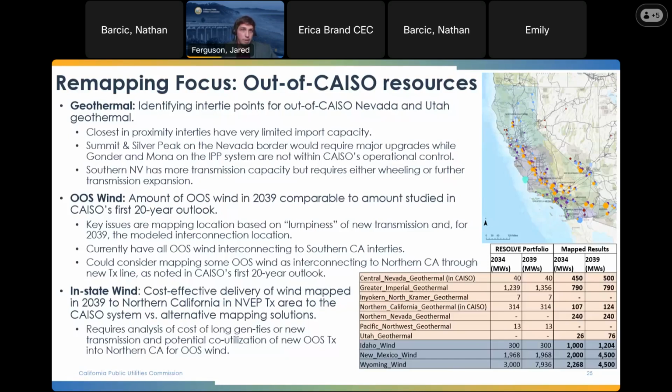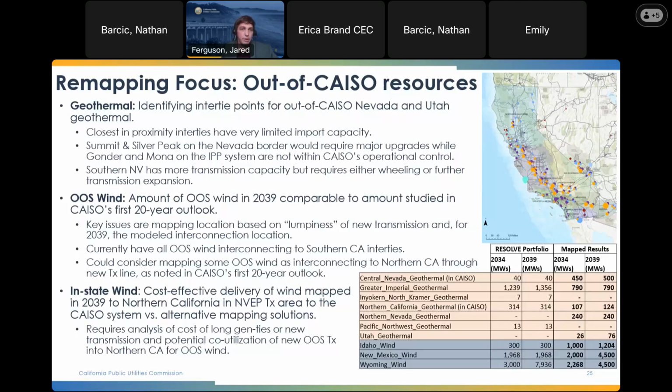While on the eastern side of Nevada and Utah, you have the IPP system, which does have some ISO scheduling points, but ISO does not have operational control, so it's difficult to expand the amount that can come into there.